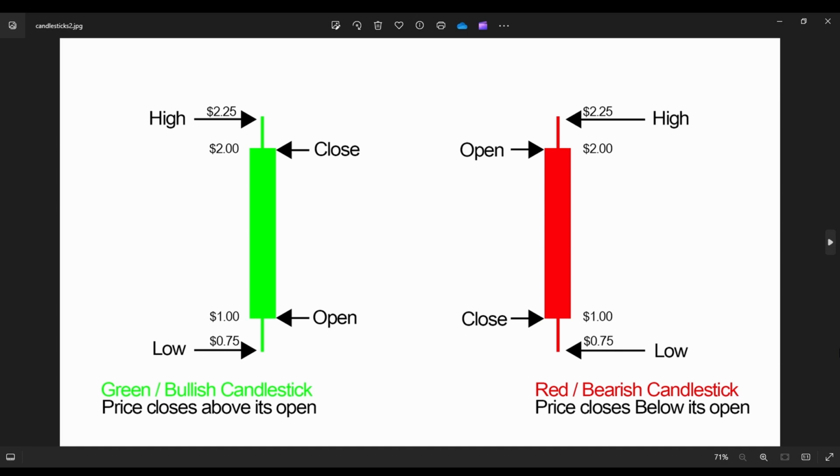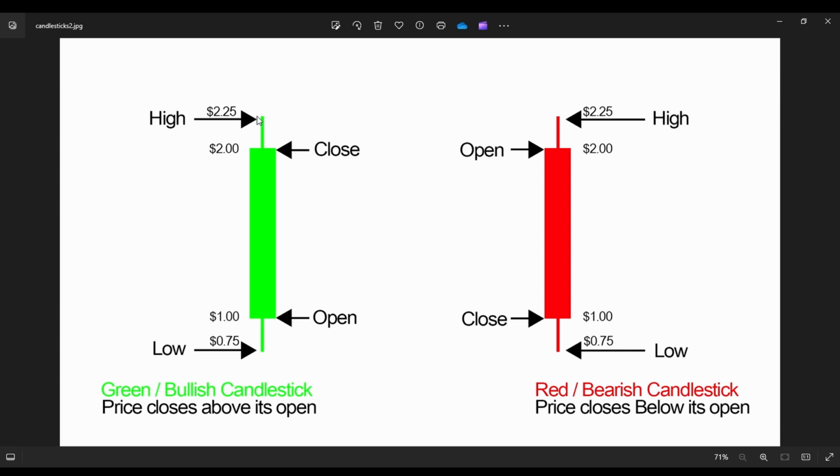So if we see a green candlestick on the 5-minute chart, that means that the price closed above its open. So if price opened at $1 and it closes at $2, the buyers won. It's a bullish candlestick, and it will be green, right?